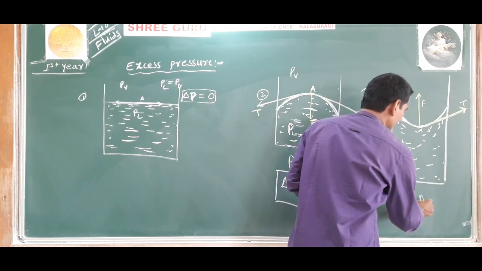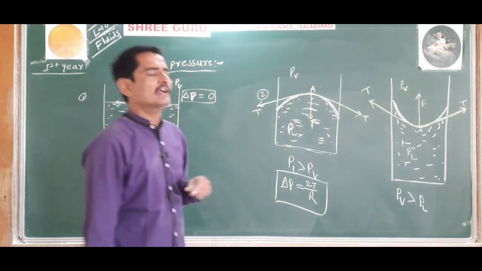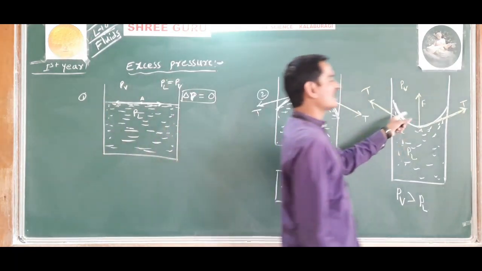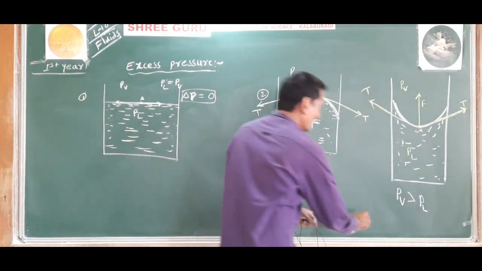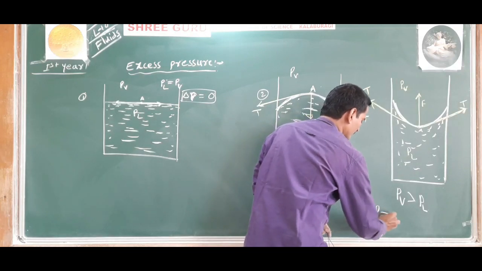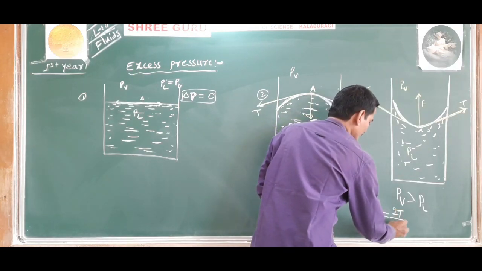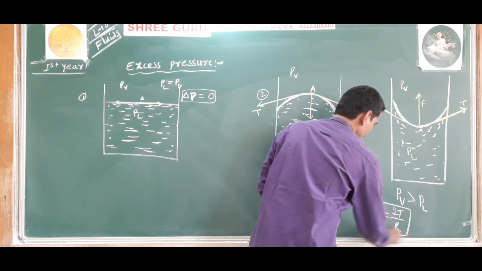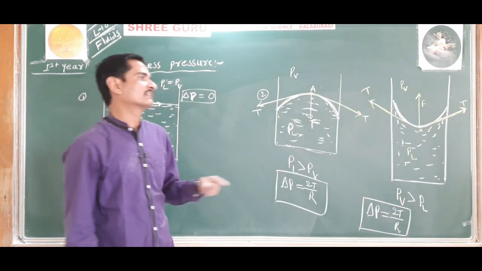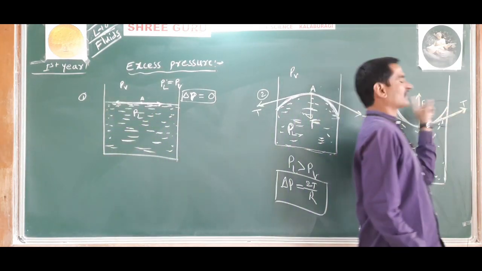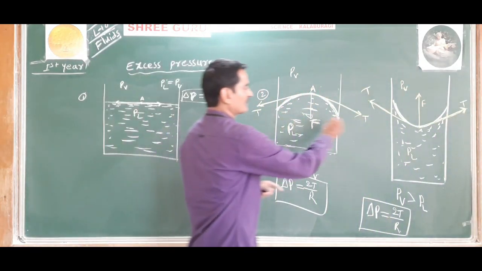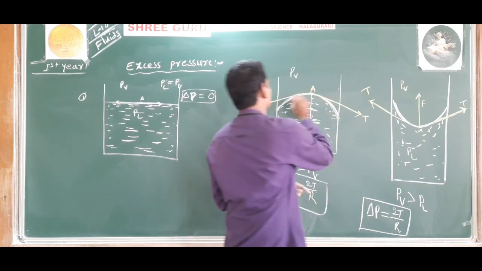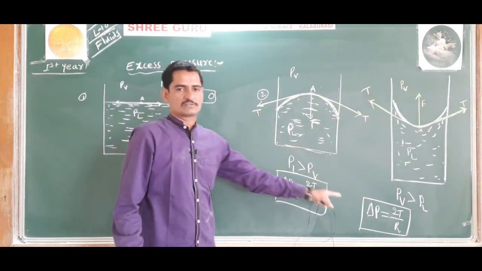Hence there exists an excess of pressure, and that excess of pressure is also given by the formula 2T divided by R, where T is surface tension and R is the radius of the surface.